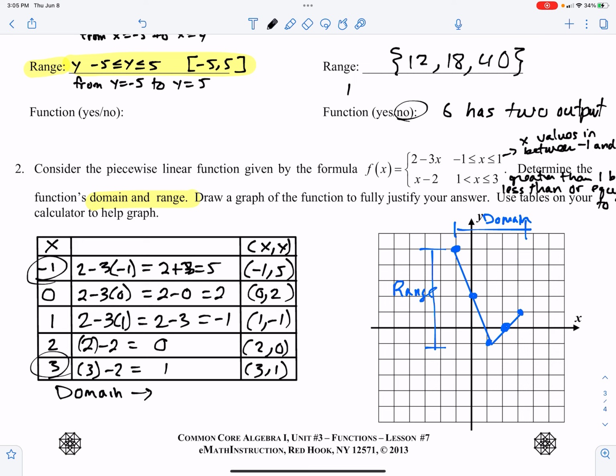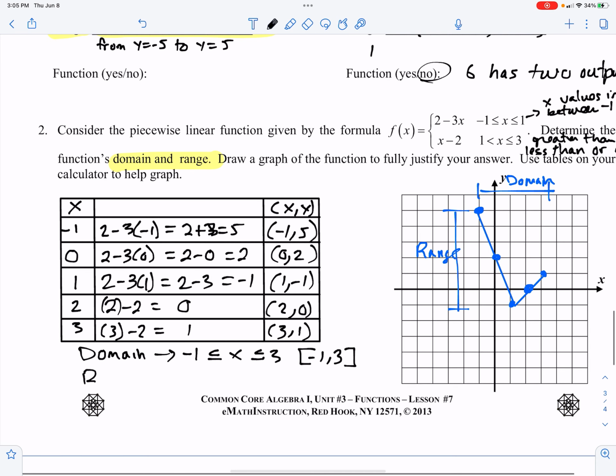Negative 1 to 3, and it includes both of them. So x is greater than or equal to negative 1, but it's less than or equal to 3. And you could write that as negative 1, 3 with braces.